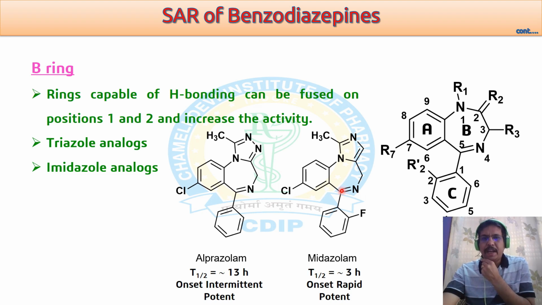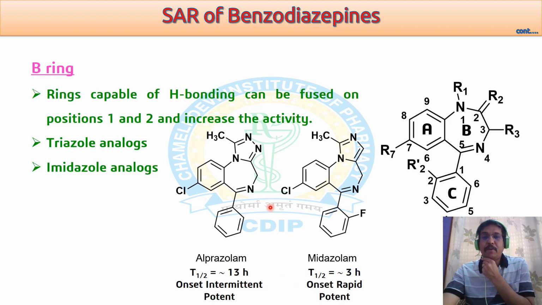And if you compare the pattern of their half-life as well as their potency and onset of action, ultimately this derivative is called alprazolam, and alprazolam has an average half-life of 13 hours, while midazolam has an average half-life of 3 hours. The onset of alprazolam is intermediate, while midazolam is rapid.